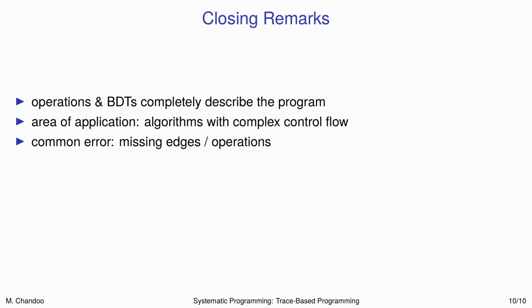Two problems that one should look out for and that cannot be detected by comparing the program's traces against the manually written ones are missing operations or missing transitions in the control flow. To prevent missing transitions, one can go through all pairs of non-adjacent vertices in the CFG and try to come up with a reason why such a transition does not exist.